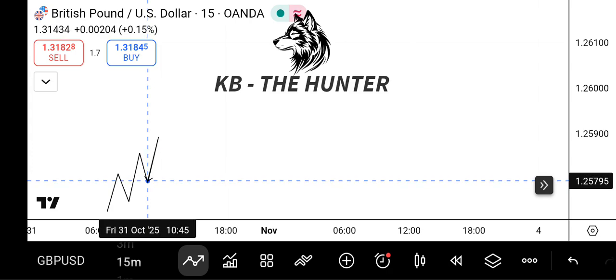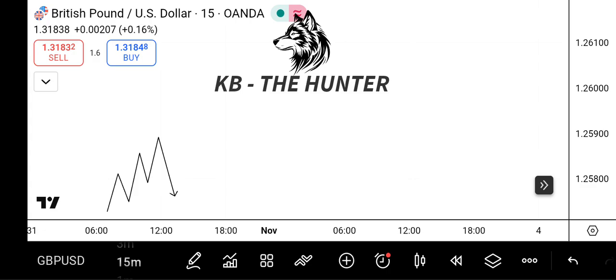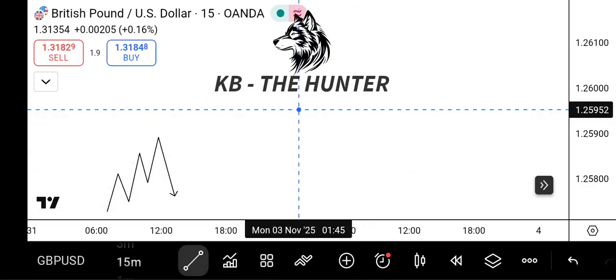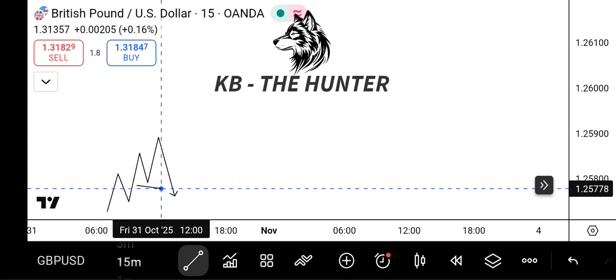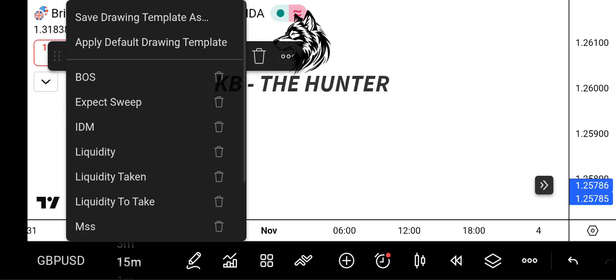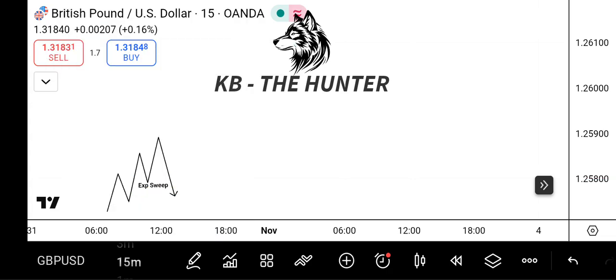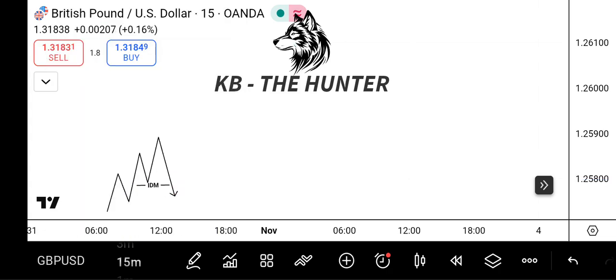the nearest pullback is taken, which is this one. If market takes this pullback, it is called inducement.